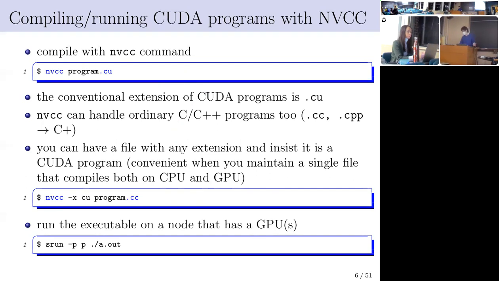The first is about how to actually compile and run a CUDA program. CUDA programs are normally compiled with the NVCC command, which is also what you have in the Jupyter environment you are using. Conventionally, CUDA programs have an extension called .cu, standing for CUDA probably.